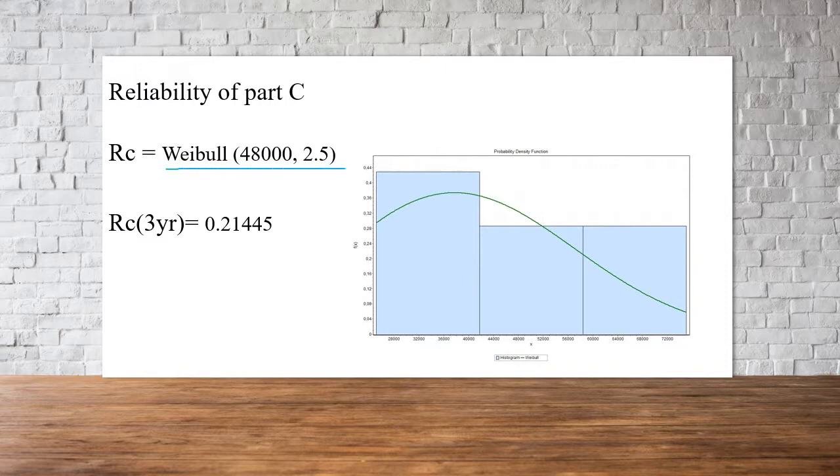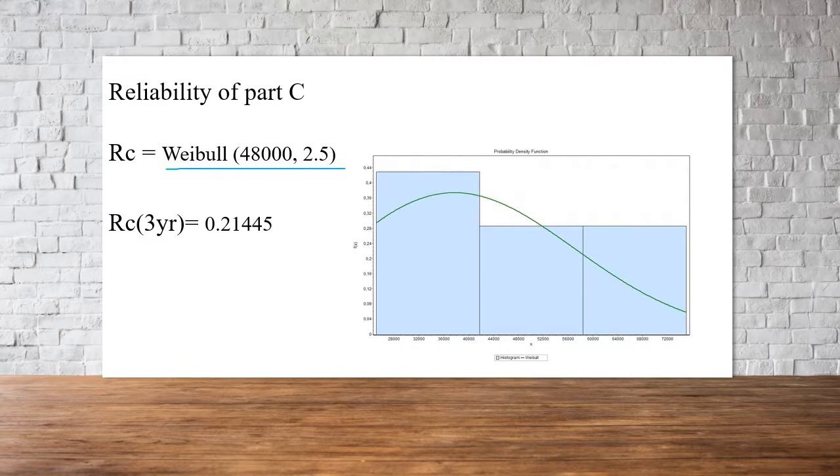So our parameter estimation is this: 2.5, 48,000. You may find a different number because this is not a very accurate estimation, but if it's close, it doesn't matter. And if you use a more sophisticated statistical tool, it will give you a more accurate estimation.